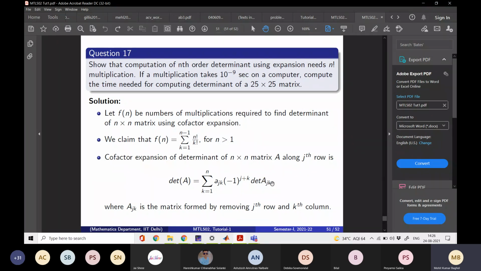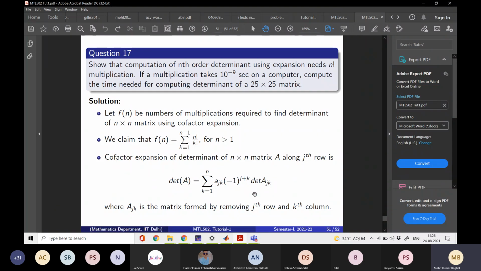So the matrix A jk is a matrix formed by removing the jth row and kth column in the matrix A. So basically it's a recursive kind of determinant, a technical definition, and we call it a cofactor expansion. Whatever she said is also correct. To represent it mathematically, you have this cofactor equation.